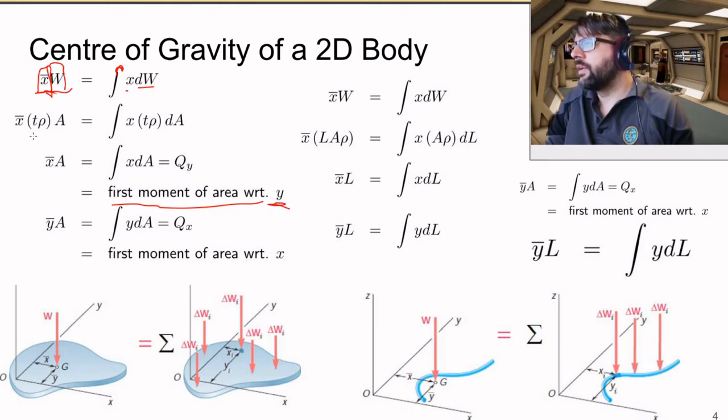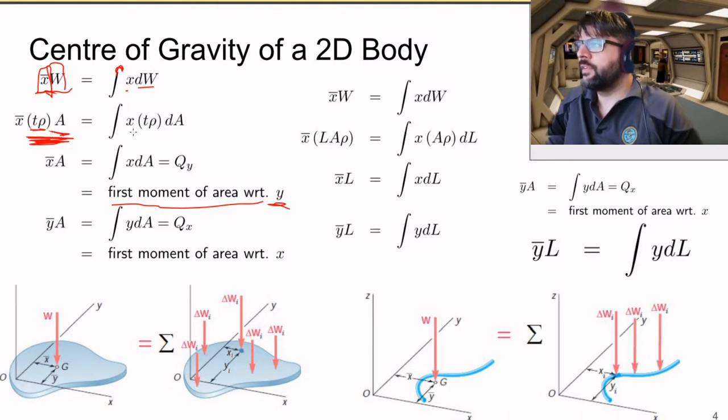Now if we're talking about an object that has a uniform density, and if we're talking about a plate, then the weight is going to be equal to the volume of the object times its density. We can break the volume up into its thickness and its area.